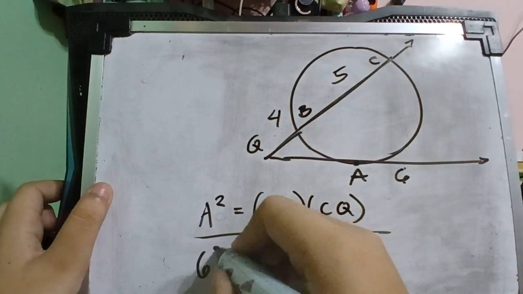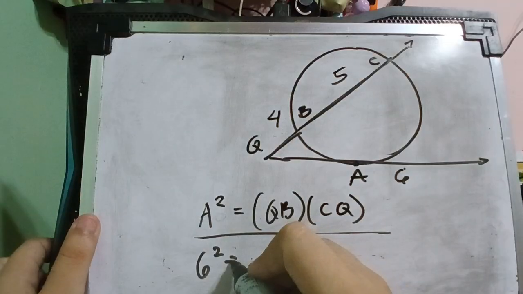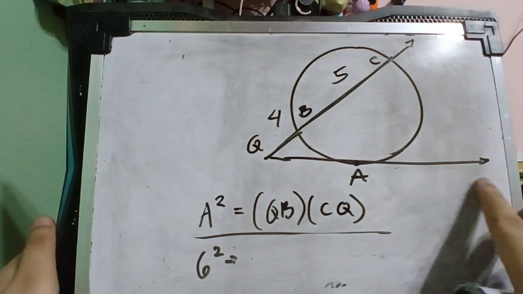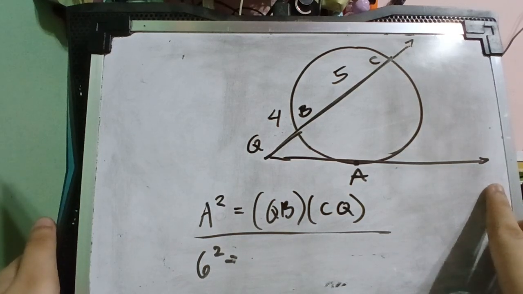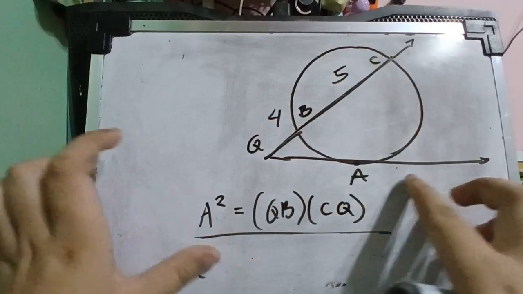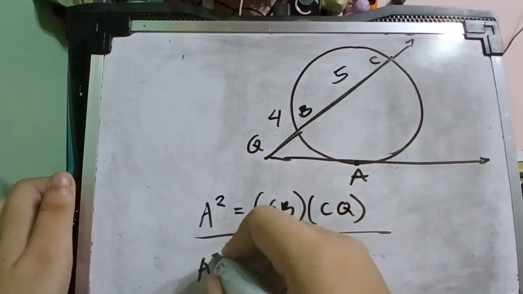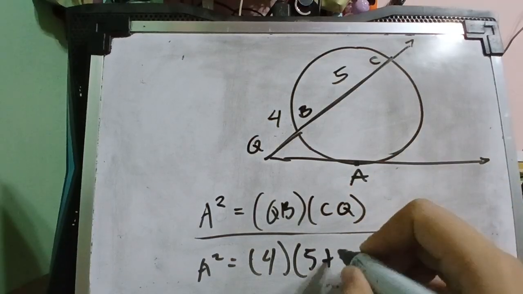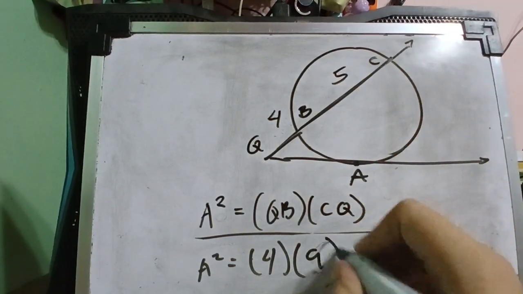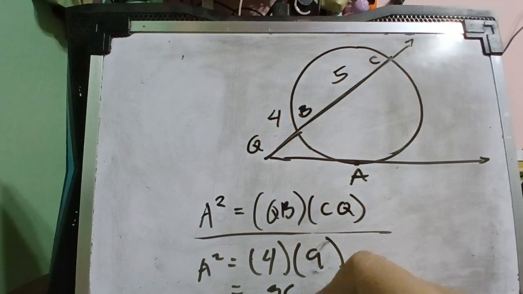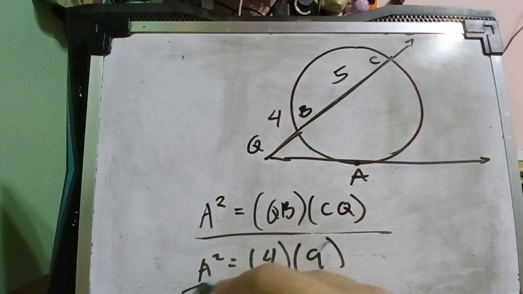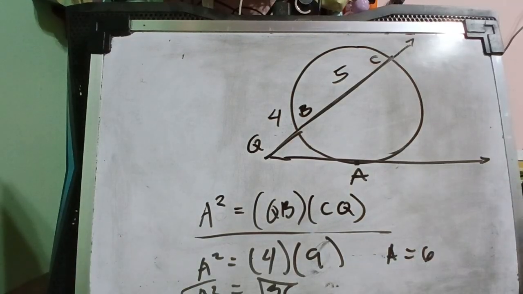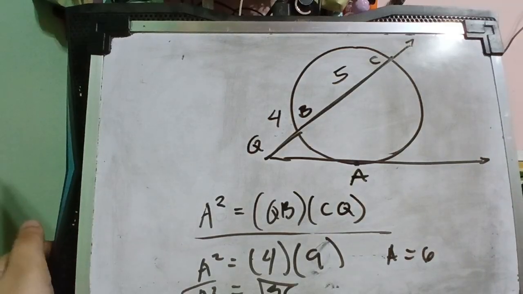So, 6 squared is equal to, what are we finding? Oh, AB. We need to find A. So, A squared will be equal to 4 multiplied by 5 plus 4, which is 9. So, 9 times 4 is 36. So, A squared is 36, and A is equal to 6. That's how it works.